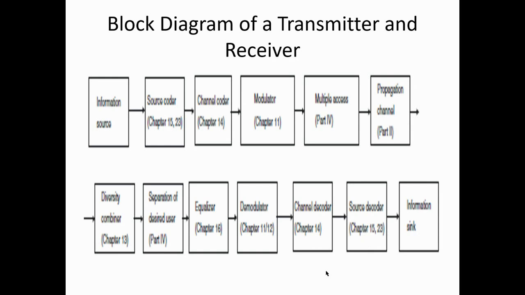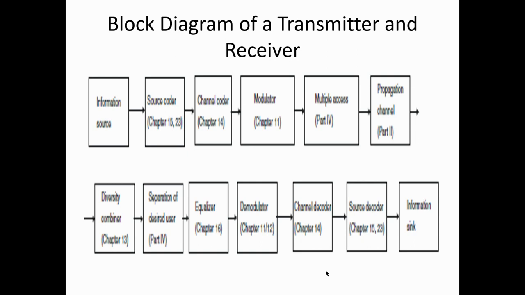If you want to process the analog information, we must convert the analog signal into a digital signal. For that we use an ADC in the information source. With the help of the ADC, the analog to digital converter, we convert the analog signal into a digital signal, so that at the end of the information source block we have source information in a digital format.